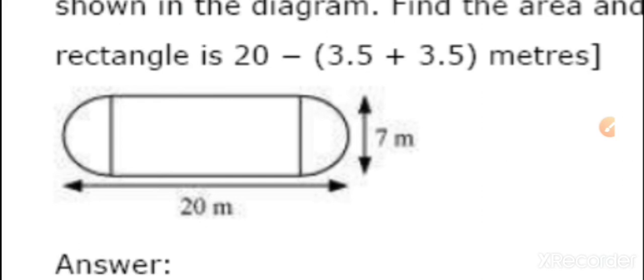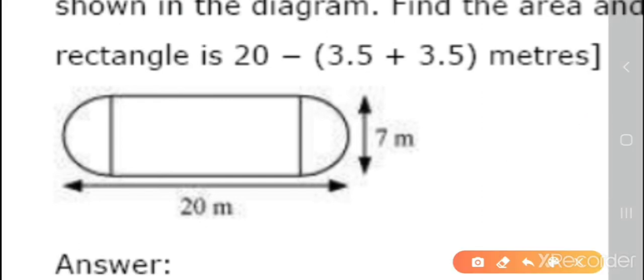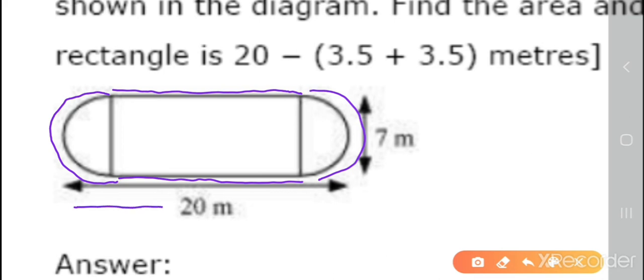So let us see. If you want to find the perimeter, you should add this length and the semicircular region's length. If you add, you will get the perimeter. So here it is totally given as 20. So we don't want this area and this area. So that is what here it is given as 7.